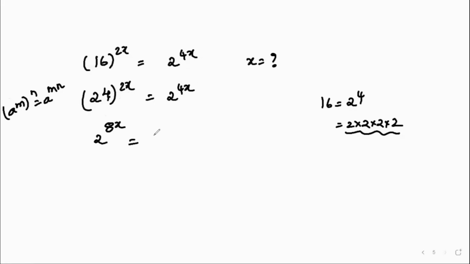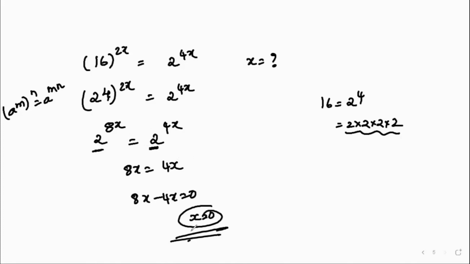That is equal to 2 power 4x. Now what I told, when you are having the bases equal, the powers are equal. That means 8x is equal to 4x. That means 8x minus 4x is equal to 0. x is equal to 0. Okay? Understand? Any doubt here?